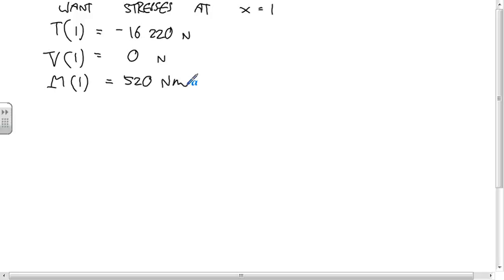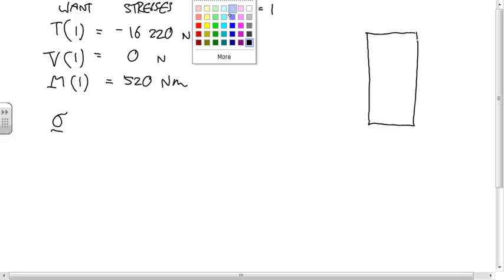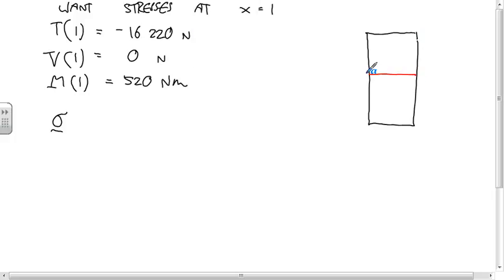Okay. So now we have those internal loads that we want, and we need to calculate the total stress at whatever point we want, and we're going to look at two different ones. We're going to look at it first here and second here.